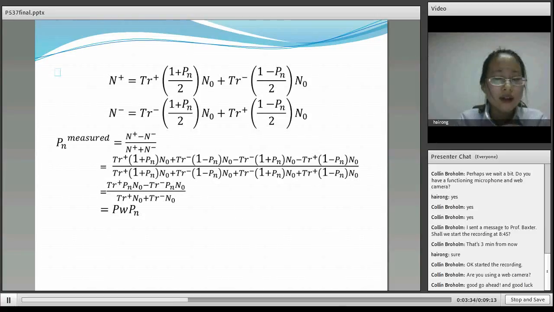And the polarization for the neutron beam we measured is defined as N plus minus N minus over the sum of N plus and N minus, which after the calculation equals the analyzing power times the real polarization.